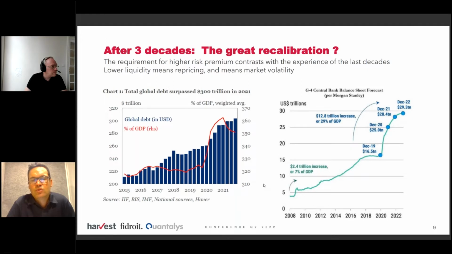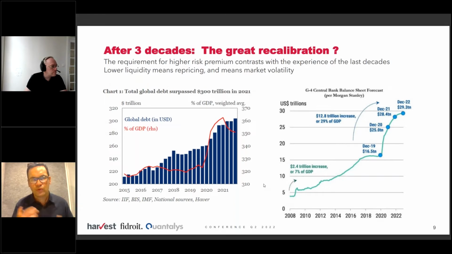So the balance sheet has doubled, and clearly the policy now is to try to diminish this balance sheet and this massive injection of liquidity in the market. It means a repricing, and we already saw that on the fixed income market and equity market, and also market volatility, of course.